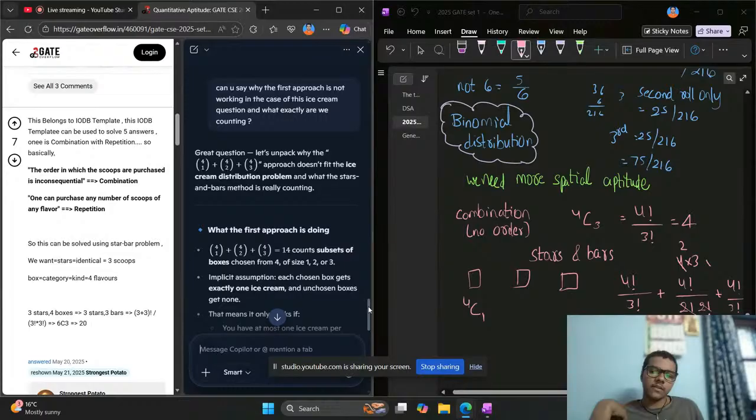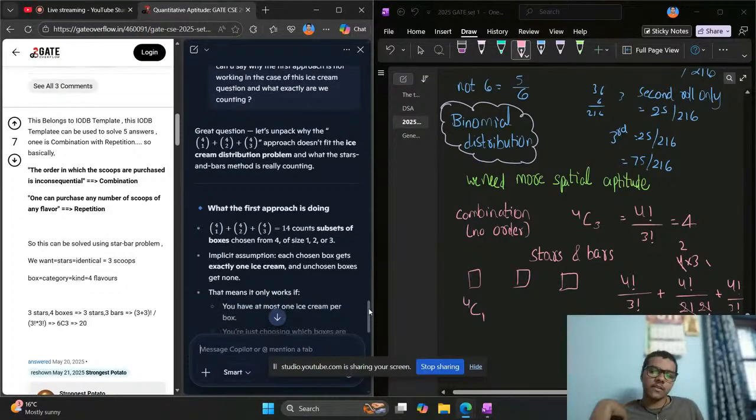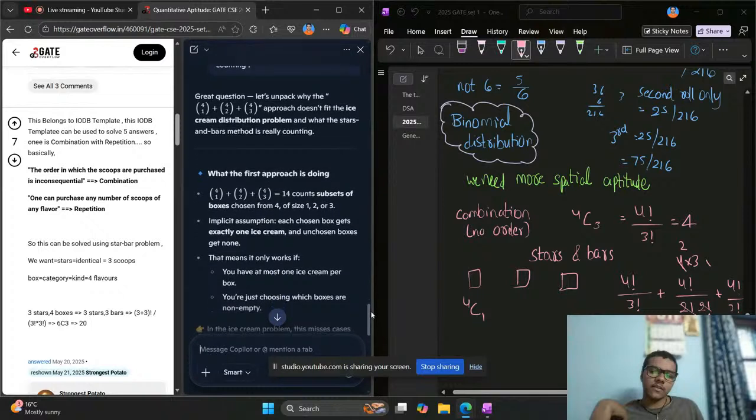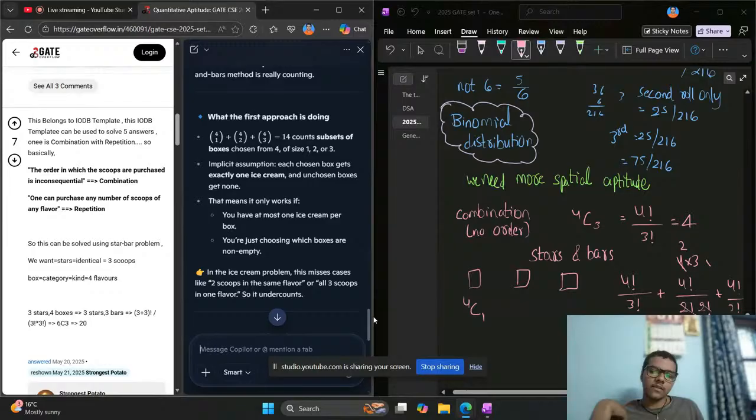The implicit assumption is each chosen box gets exactly 1 ice cream and unchosen boxes get none. You have at most 1 ice cream per box. This misses cases like 2 scoops of the same flavor. Yeah, got it.